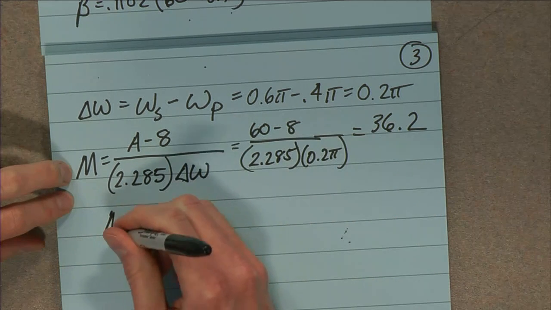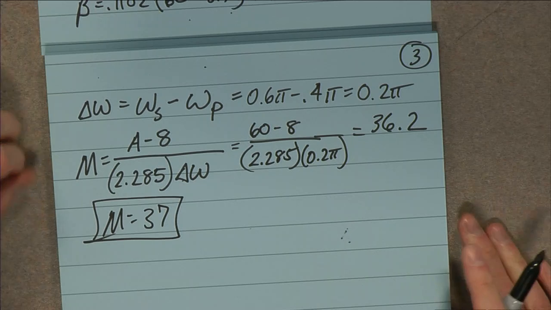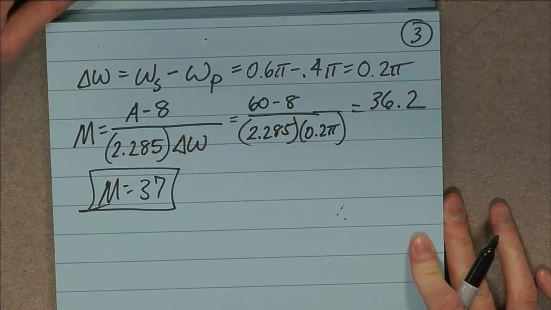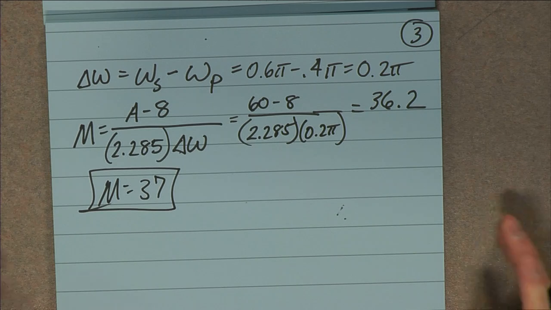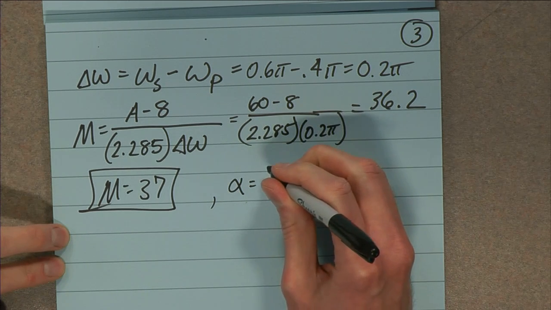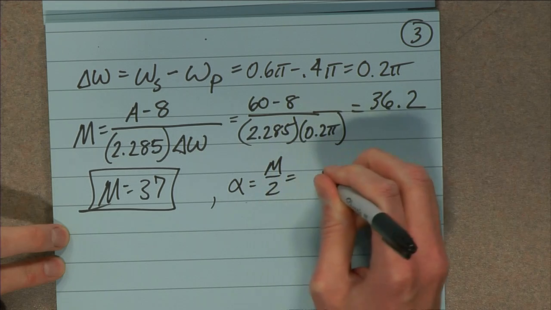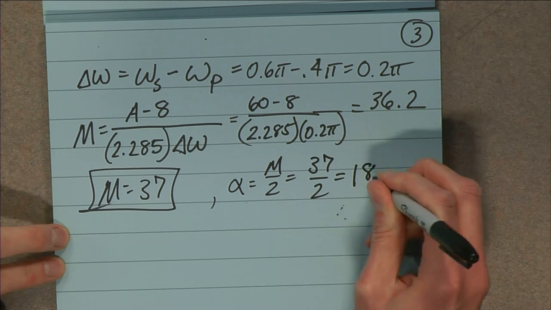M must be an integer, M equals 37. So what do we have left? We have another helpful parameter, alpha, which is M over 2. So that's going to be 37 over 2, so that'll be 18.5.